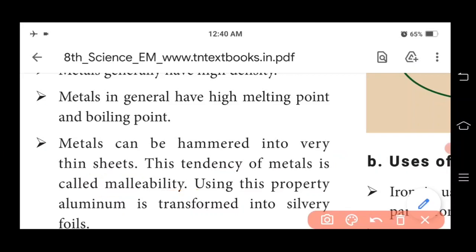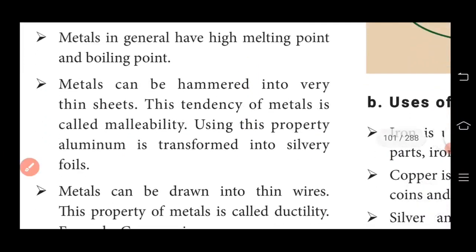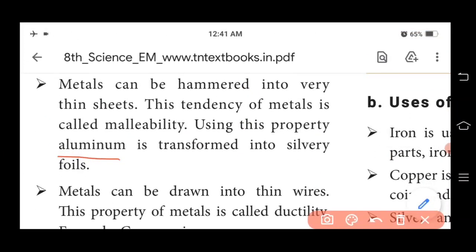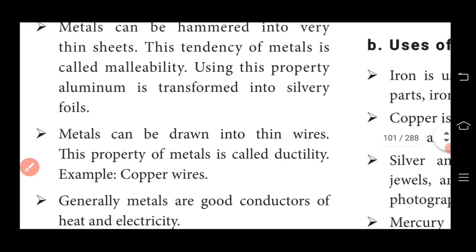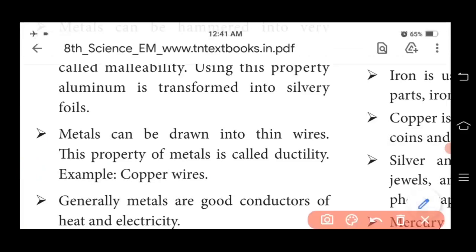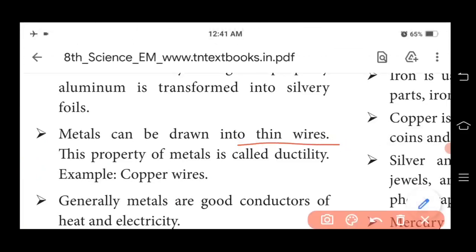And then using this property, aluminium is transformed into silvery foils. And then metals can be drawn into thin wires. This property of metals is called ductility.